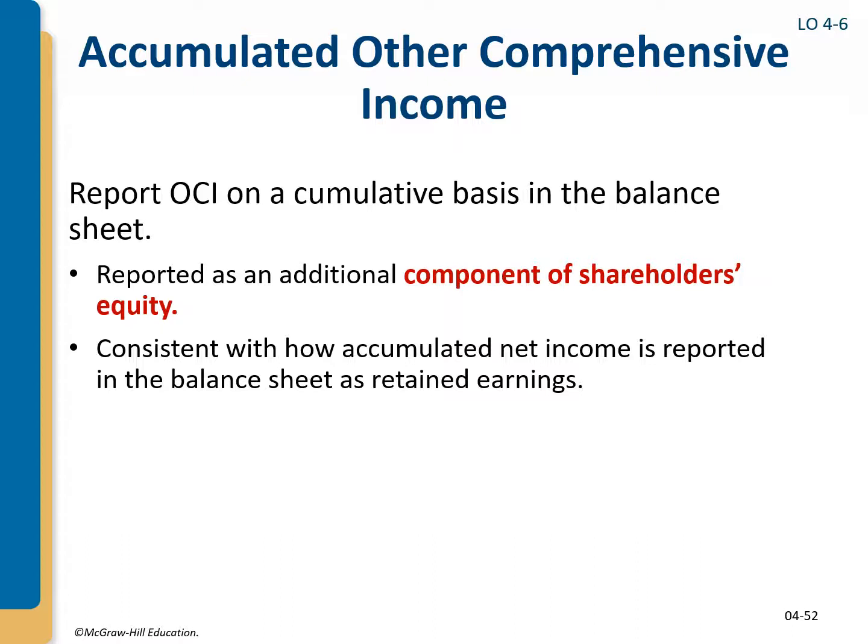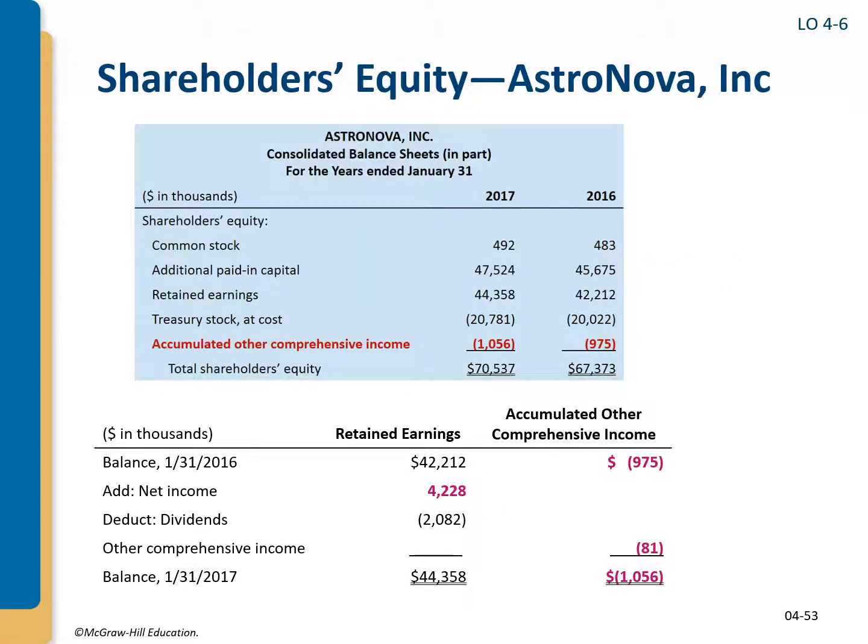You have to report other comprehensive income on a cumulative basis in the balance sheet. So we report this as an additional component of shareholders' equity. If you have other comprehensive income items from prior years, they're accumulated over time. So here's our balance sheet, and you could see that after the treasury stock, accumulated other comprehensive income for the year.